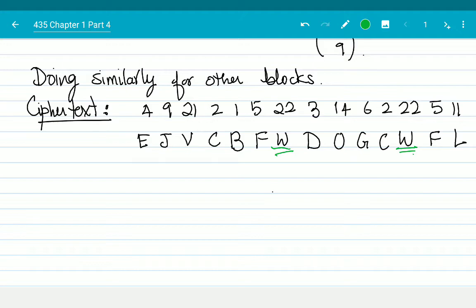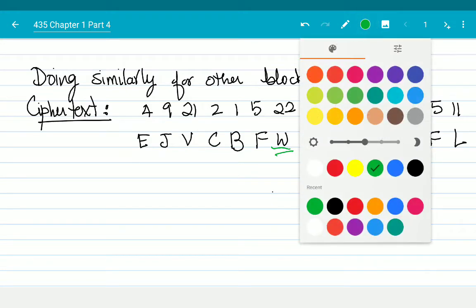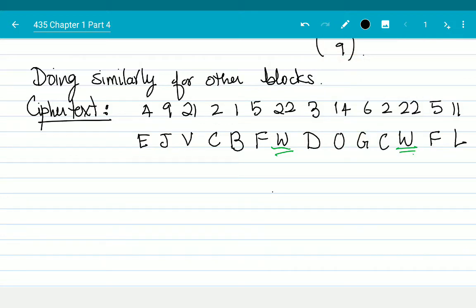And how do you get back the message? How do we decrypt?